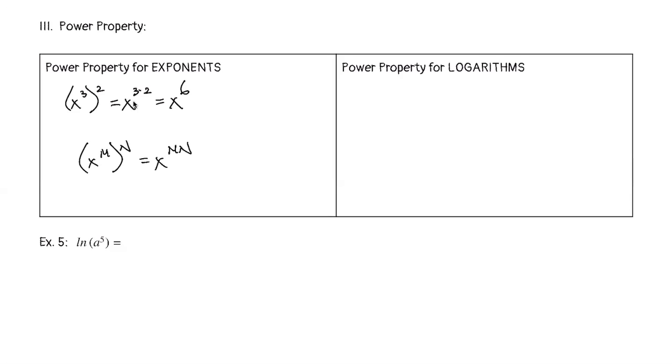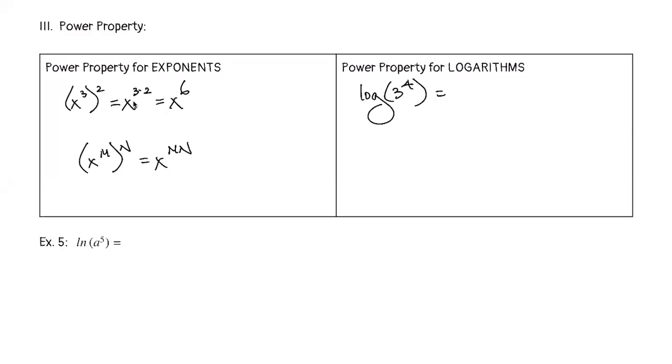Now for the log property, power property for logs rather, it works a little bit differently, okay? But it works like this. Log of 3 to the 4, okay? I'll give you a moment to type that into your calculator, that power, so 3 to the 4, and then you're logging that thing, and you'll get a number.